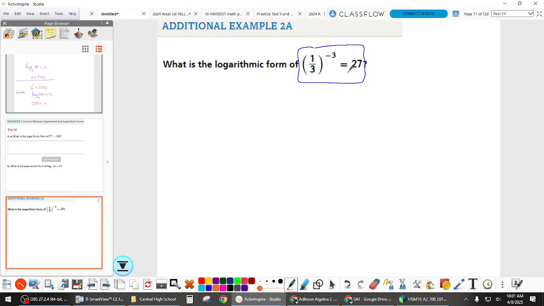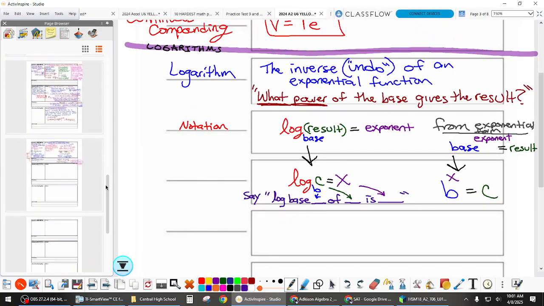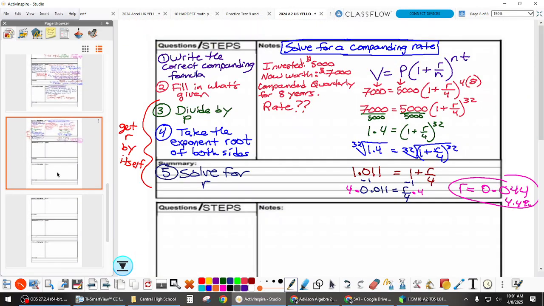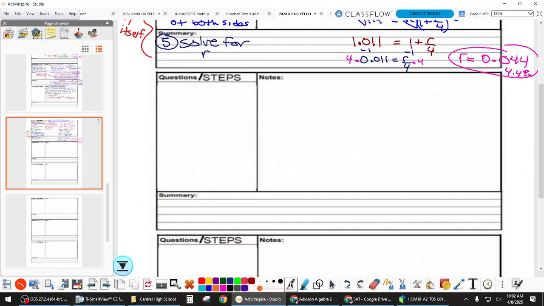Okay. In fact, let's write this one in your examples. Maybe we could put a couple different ones on here.